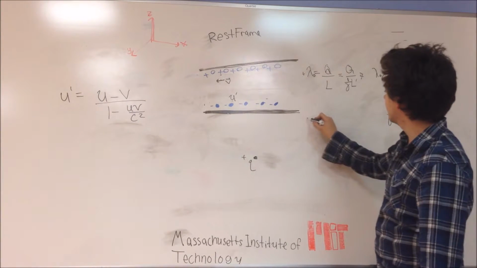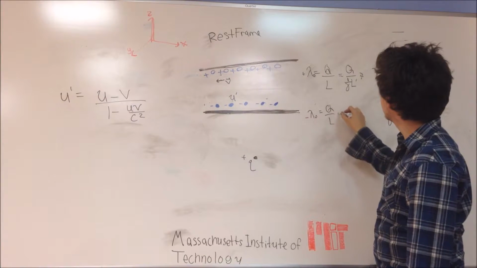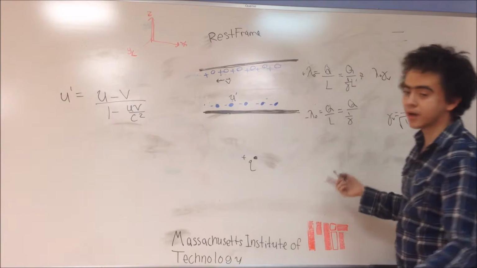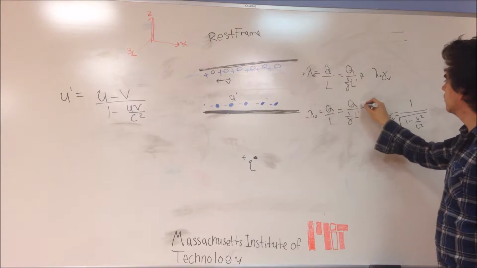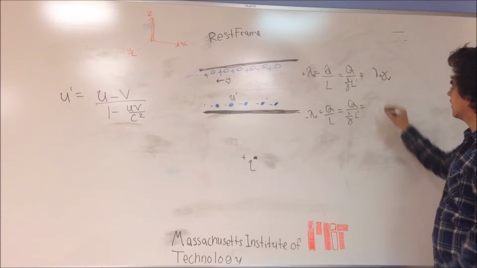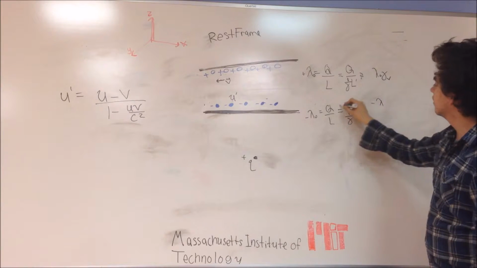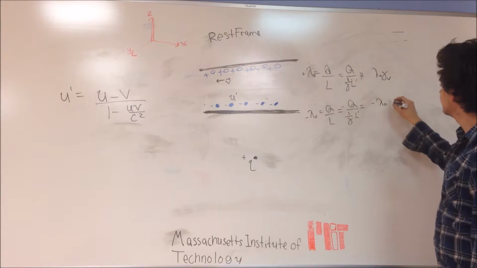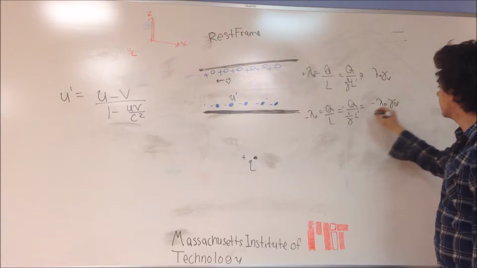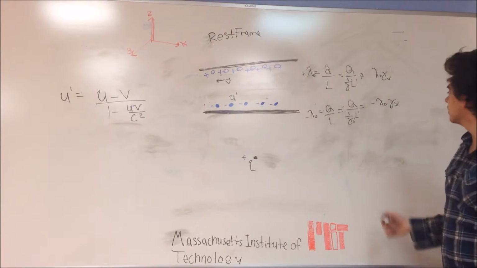Cool. Now, let's see what's going to happen for the negative particles. They're going to have a lambda of q over L, which is going to be q over 1 over gamma times L prime, which implies that the charge density for the negative particles is going to be negative lambda gamma u prime, because they're moving at the u prime velocity.